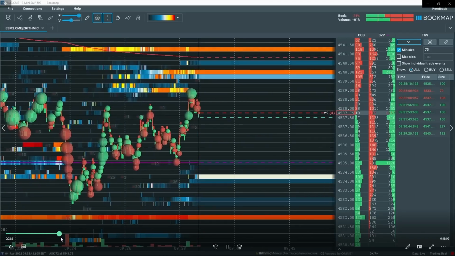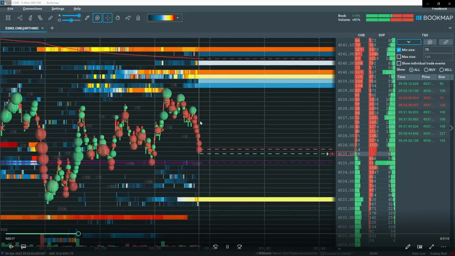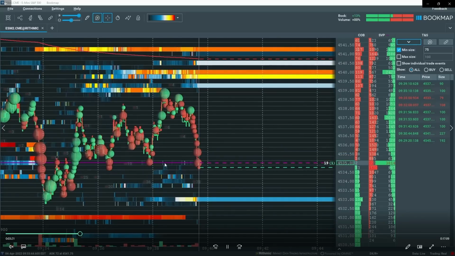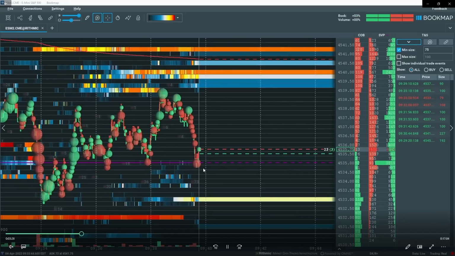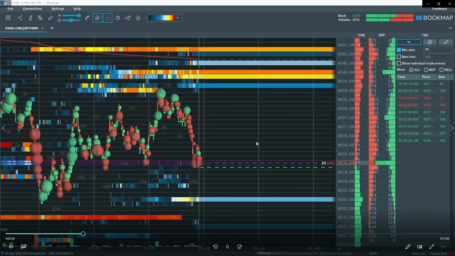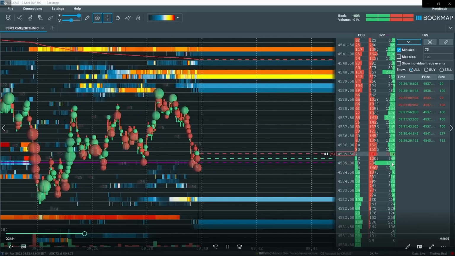We defend it, and I think we pull back into it one more time. Yep, we pull back into 45.35 one more time. There isn't a passive buyer here, yet the market could not get below 45.35. I don't know if it's this buyer doing whatever he wants to do to defend that position or if it's somebody else, but we really could not break below 45.35.